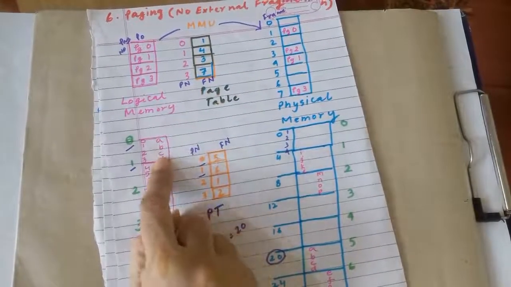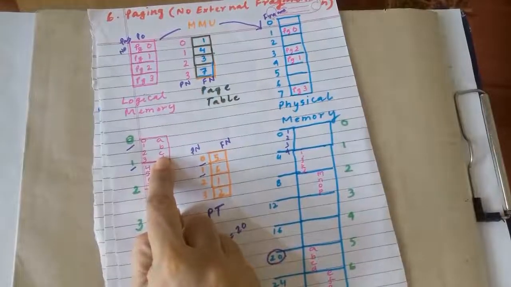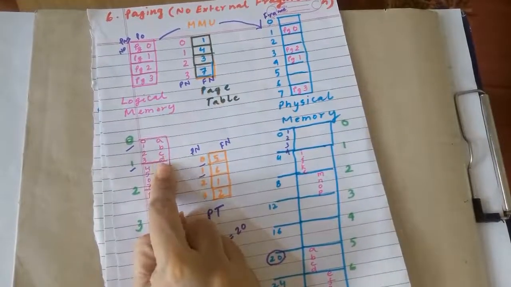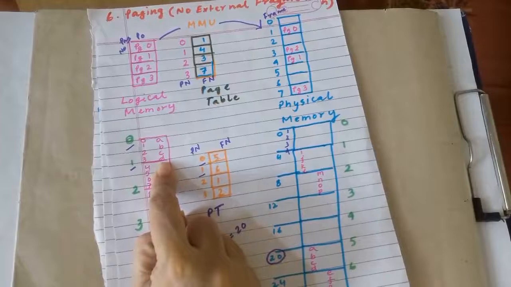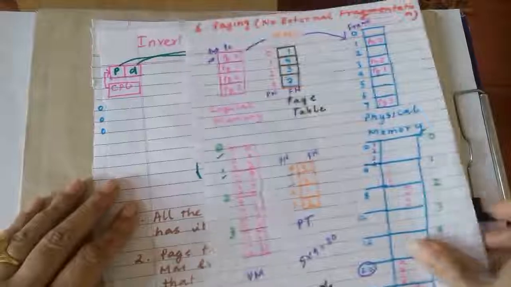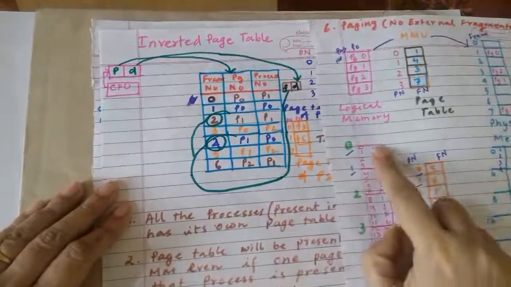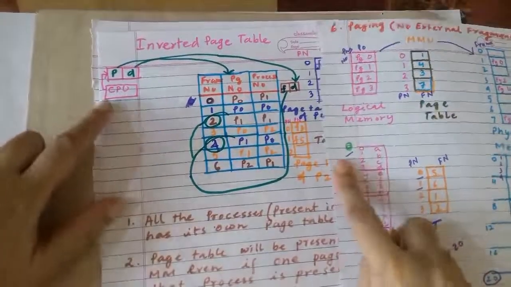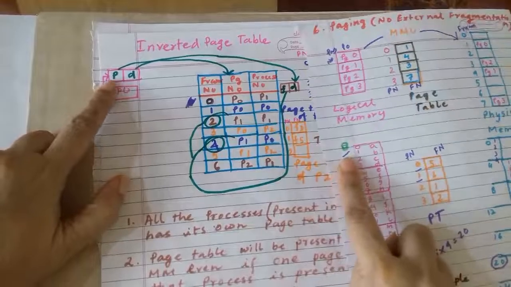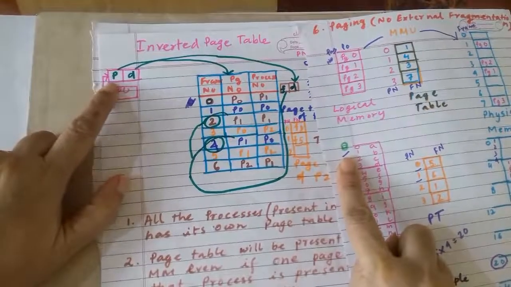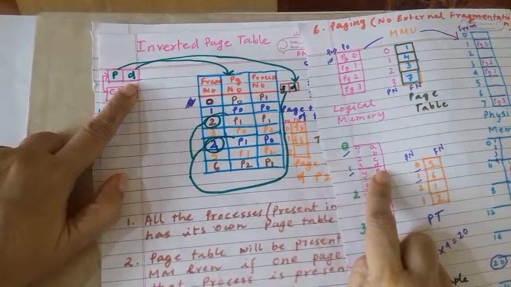If we want to access till C, just as an assumption, the offset value will be 3. If we want to access till D, the offset value will be 4. So if I want to access A, B, C, D all, then what will be the value? Page number is 0.